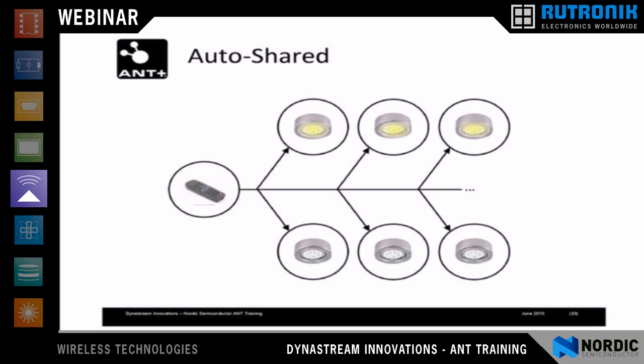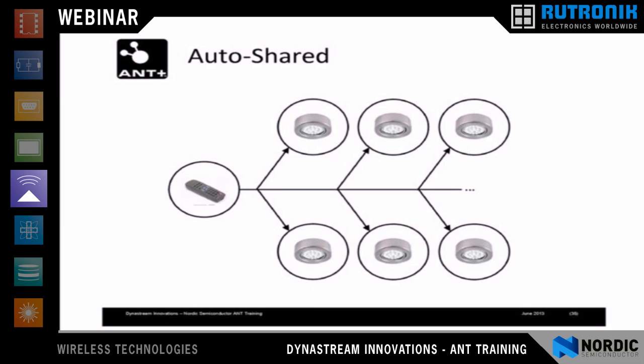In this case, we've decided to take only 3 of the 6 lights and turn them on, and that is through the auto shared channel definition, allowing you to put a sub-address of zones. There are up to 16 zones that you can put. So it allows you to, say, manage the lights inside of your bedroom. Now we're just turning the lights on and off beside the bed rather than turning all the lights in the bedroom on and off.